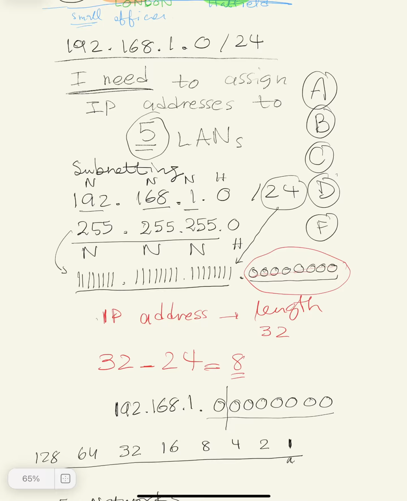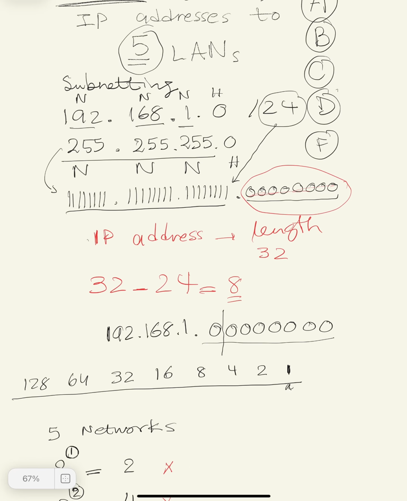If you ask me where this prefix 24 is coming from, I can answer that if we convert the subnet mask into binary, we'll see that 255 is 8 ones. So 8 ones, another 8 ones, 16, another 8 ones, gives me 24.